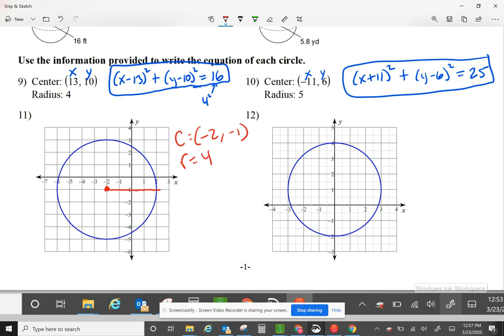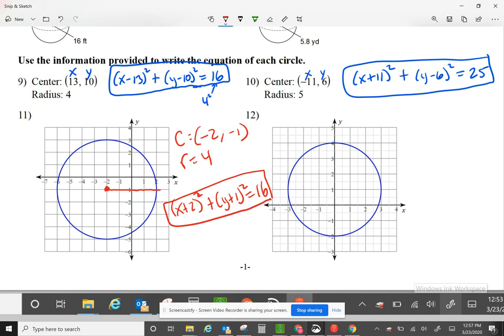So I'm going to say the equation for this circle is going to be x plus 2 squared, y plus 1 squared, with a plus in between. Notice I just switched the sign on the x and the y, equals 16. Radius squared.